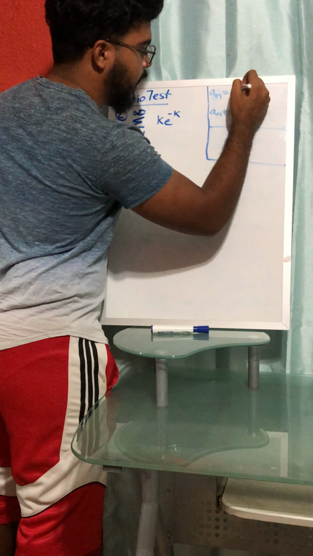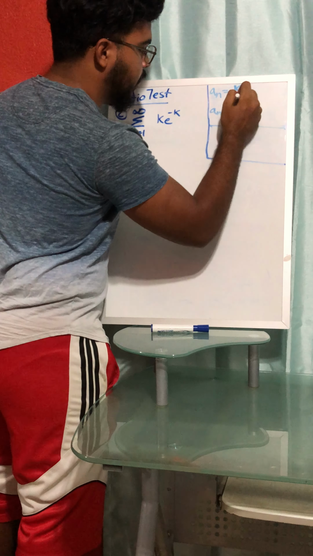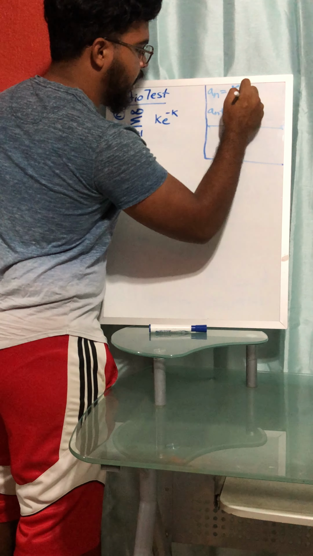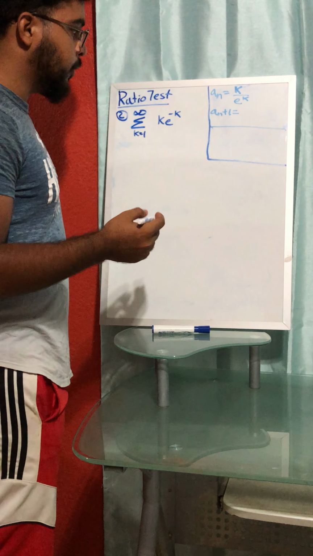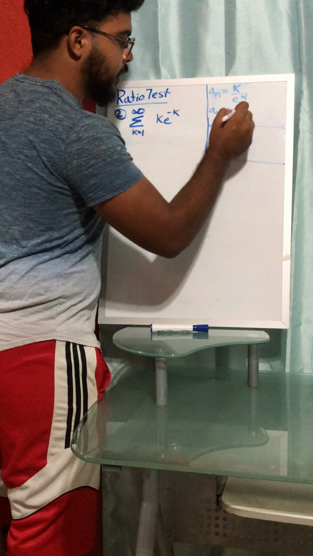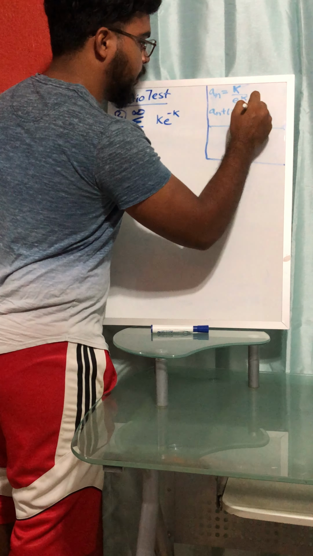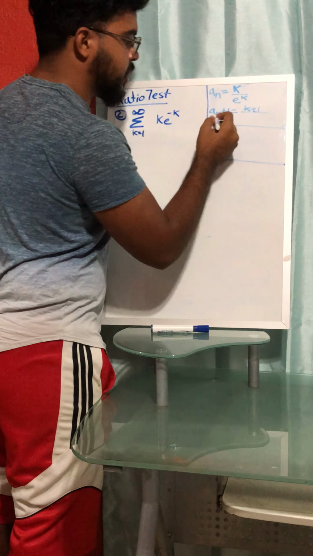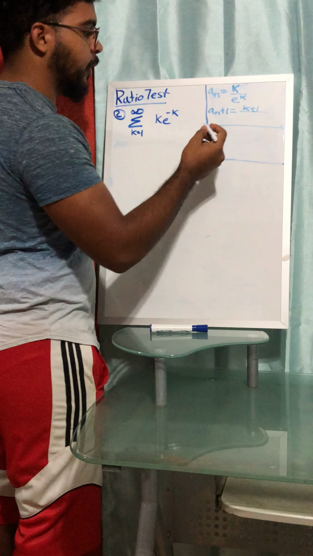So I will have k in the numerator, and e raised to the power of k in the denominator. Now for the a_(n+1), I will be writing this as k plus 1, because for this expression you must add 1 to wherever you see k.